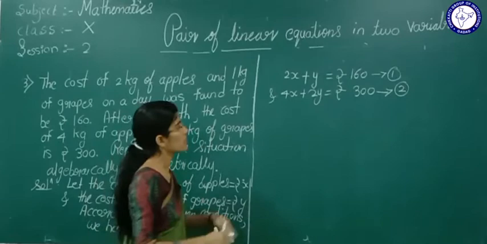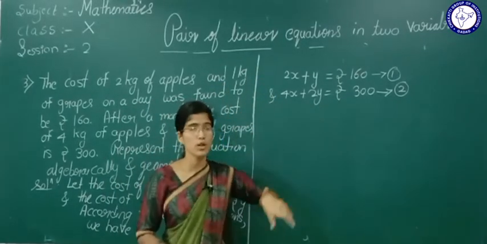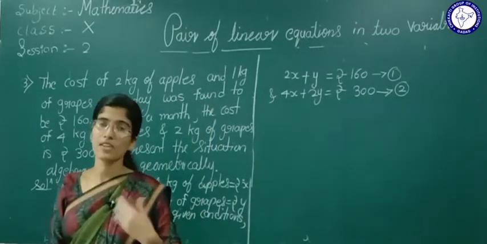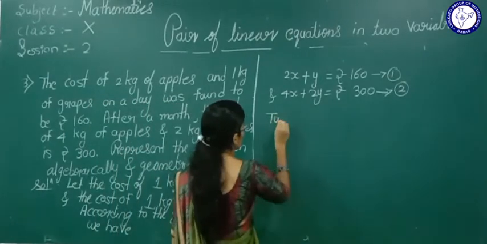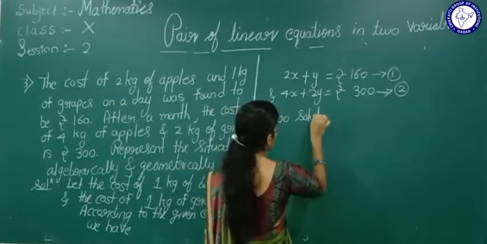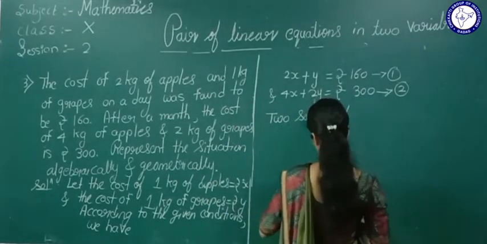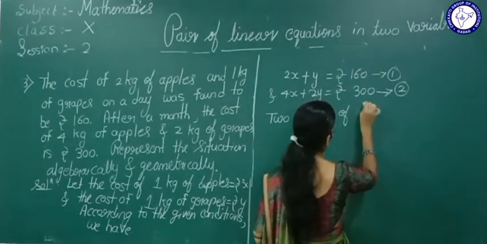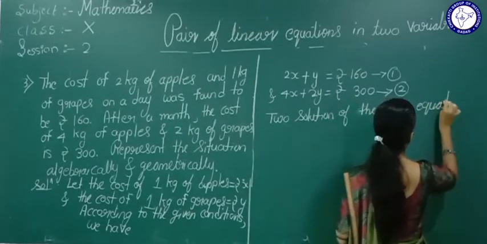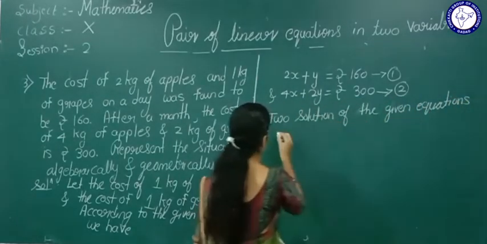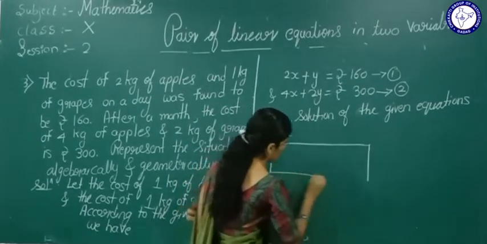Now what we have to do is find the solution of equation 1 and the solution of equation number 2 algebraically, and plot them on a graph. The two solutions of the given equations are: we will find the solution of equation 1.